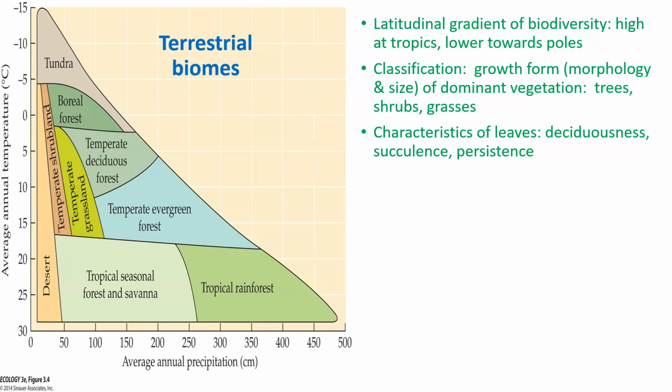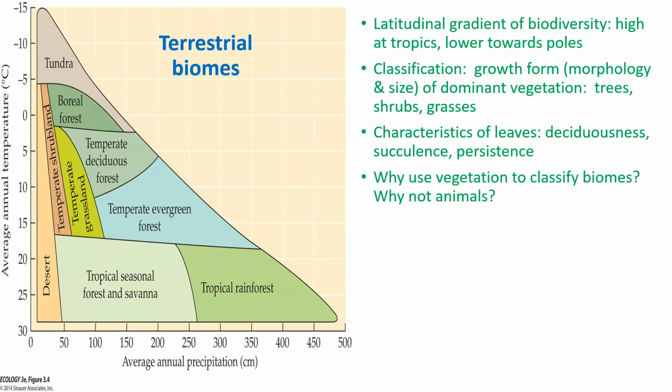Persistence: do the plants keep their leaves for a very long time in a year? Do they shed leaves at all? If they shed, is there a regrowth? How long do trees actually become dormant without the presence of leaves? All of that refers to leaf characteristics.